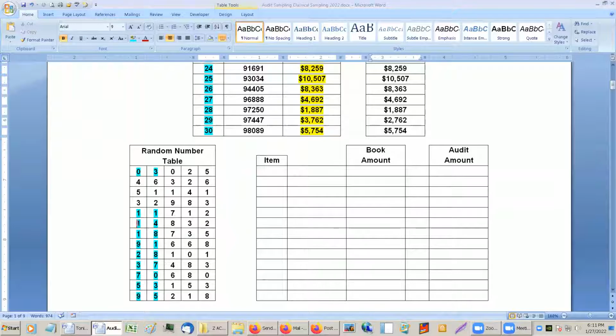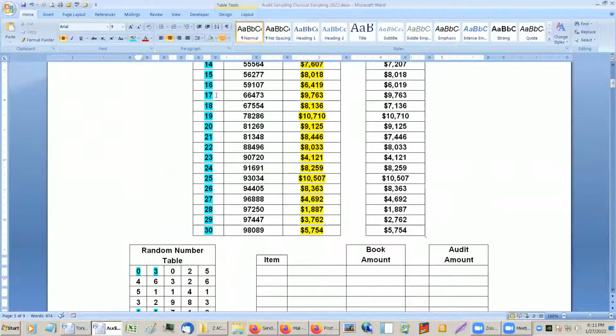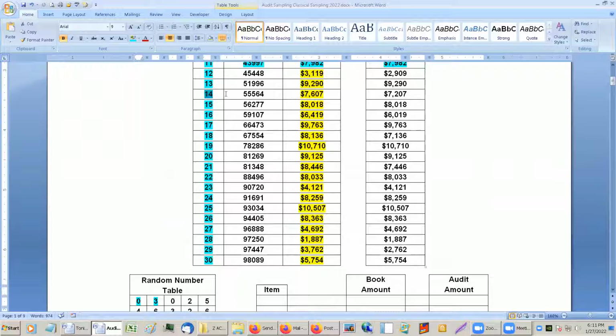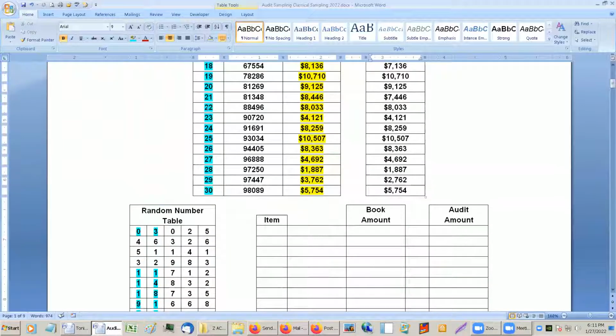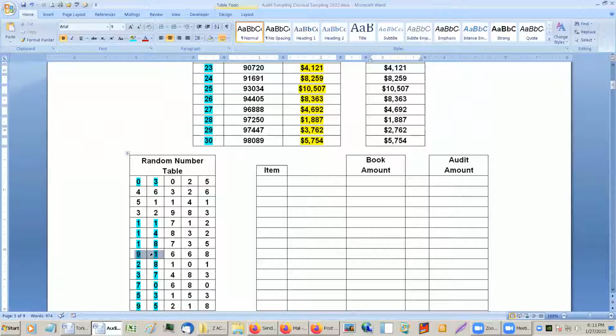So 14, well, there is a 14 in the sample, so we will take 14. There is an 18 in the sample, we will take an 18. There isn't a 91.